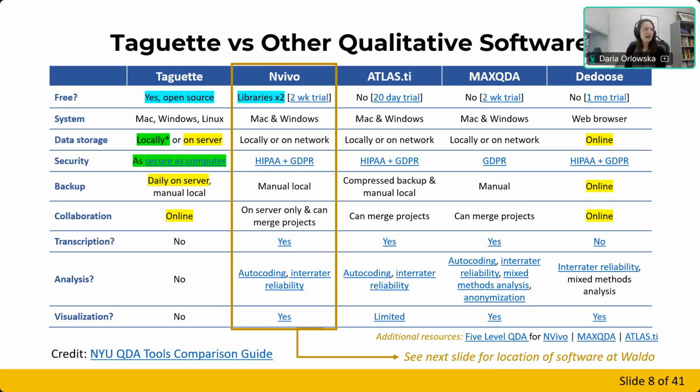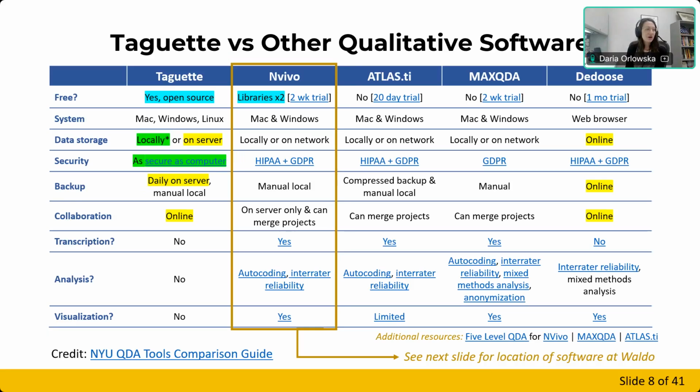As you see, we have NVivo highlighted, and that's because we do have a subscription to NVivo as part of Western Michigan University. So if you are interested in using the software and you don't want to pay for a subscription, feel free to come to the library. We have 2 computers that have the software on there and are readily available for anyone who wants to use it. I will talk about that at the next slide.